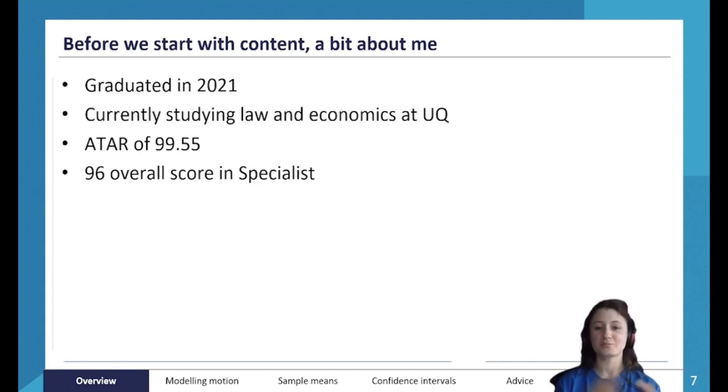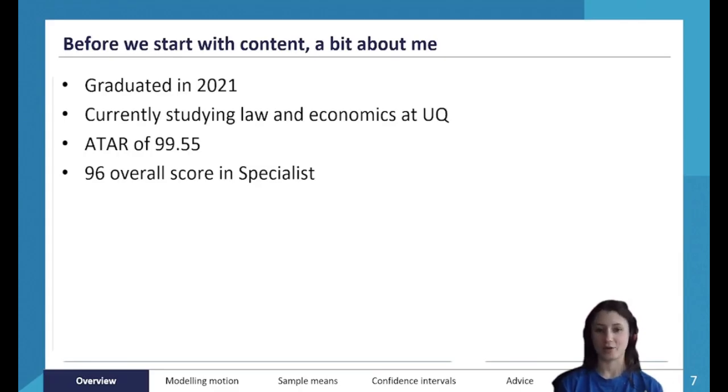So just before we even get into the content, just to learn from my mistakes, especially if you really want to do well, you want to get into med or law or engineering or something that's quite high level, and you really need a very astronomically high score, specifically for specialist because there's such a wide breadth of content.